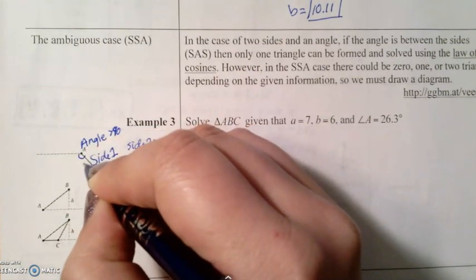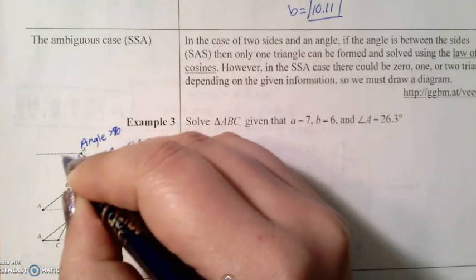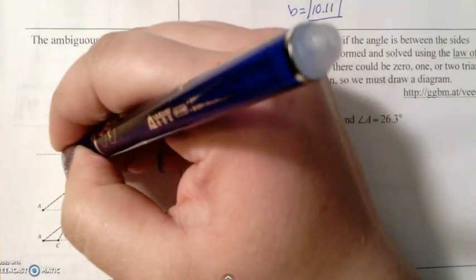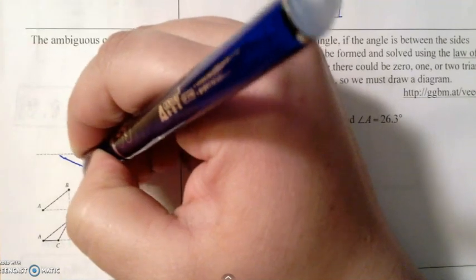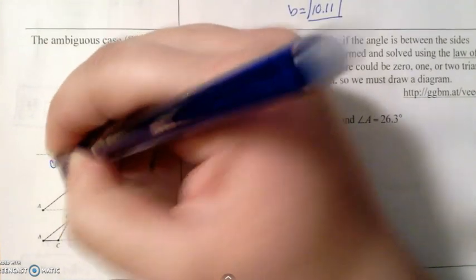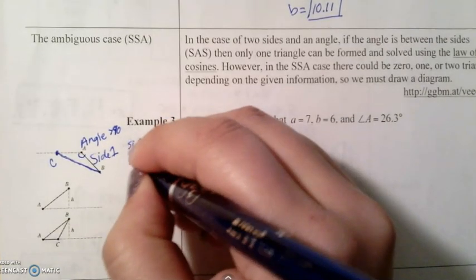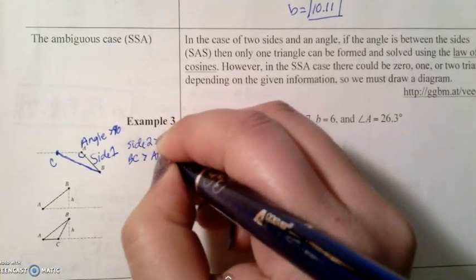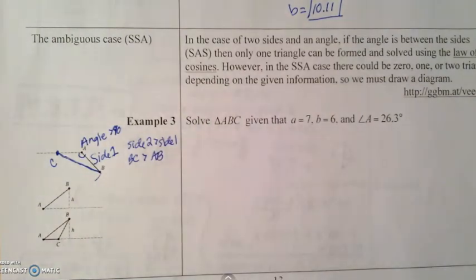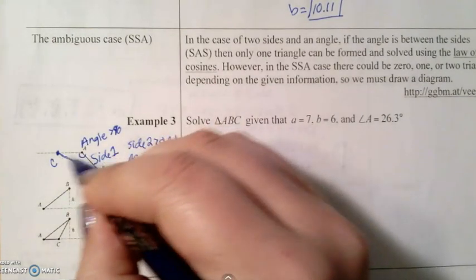So think about if side 2 is too small, it'll never intersect the third side of the triangle here. So the second side has to be longer than the first side. So BC has to be longer than AB in this example here to create a side AC.